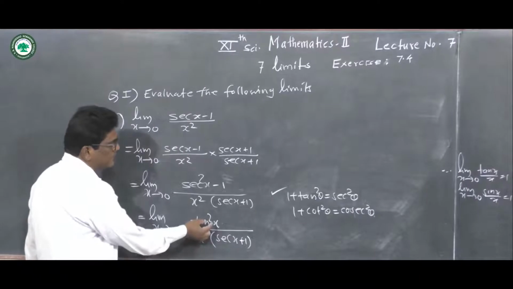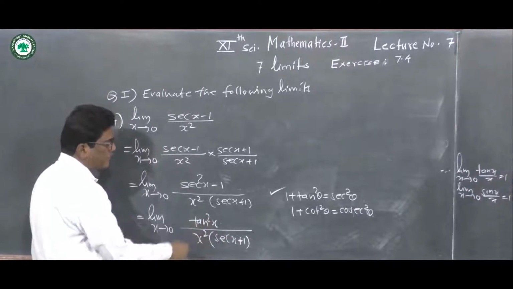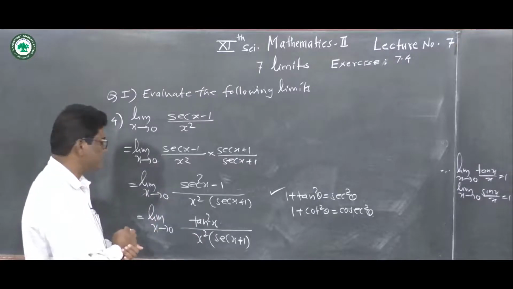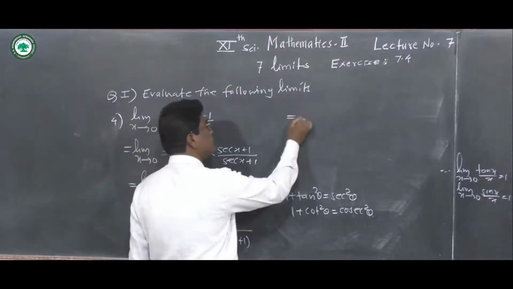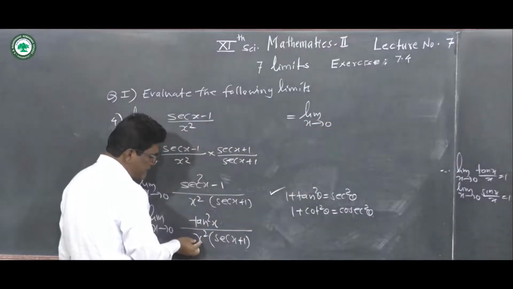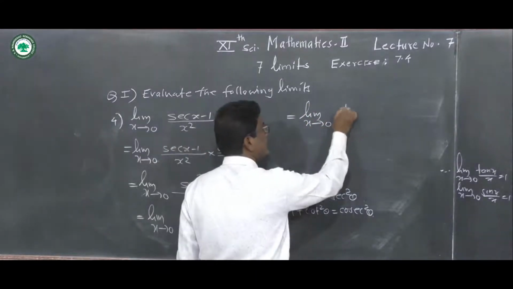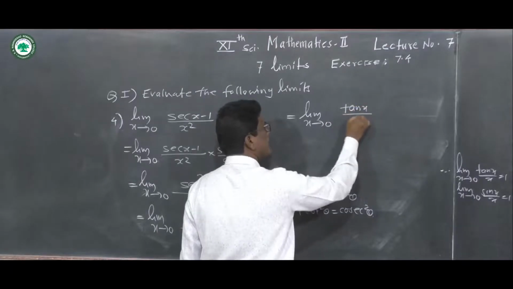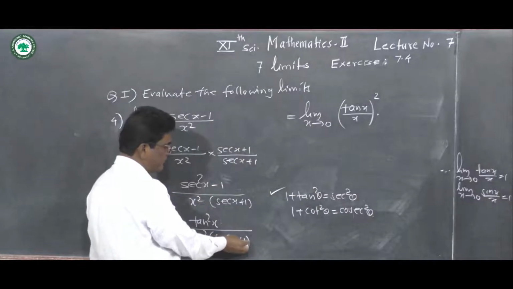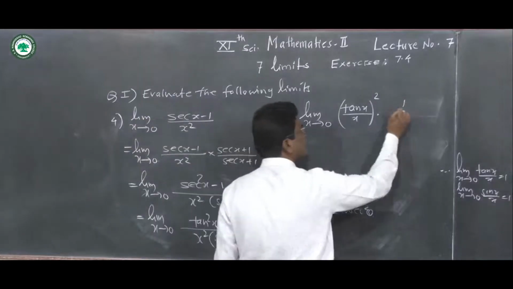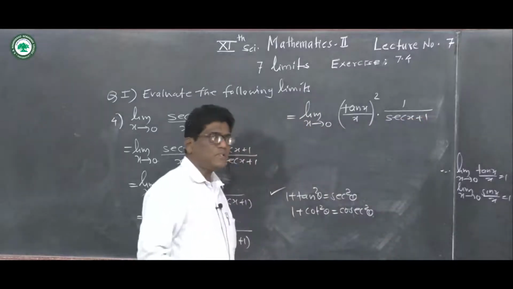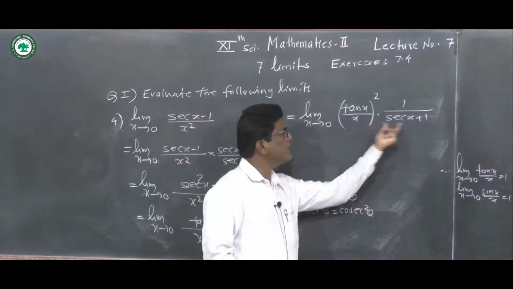We write this square and this square as (tan x upon x) bracket square. So it is equal to the limit as x tends to 0, numerator square upon denominator square, we write (tan x upon x) bracket square into 1 upon (sec x plus 1), written separately. Now we separate the limit to this and this.